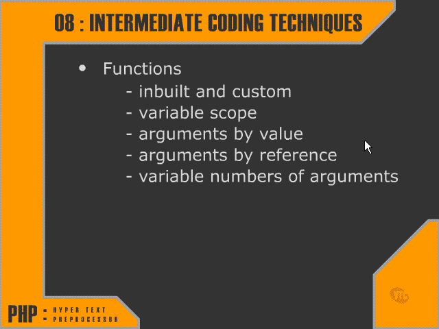We're also going to be looking at variable numbers of arguments and the kind of functions that can deal with such a procedure. And we're going to be writing recursive functions which can actually call themselves. We're also going to look at date and time functions.